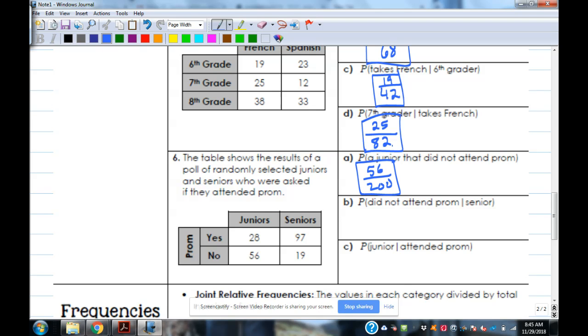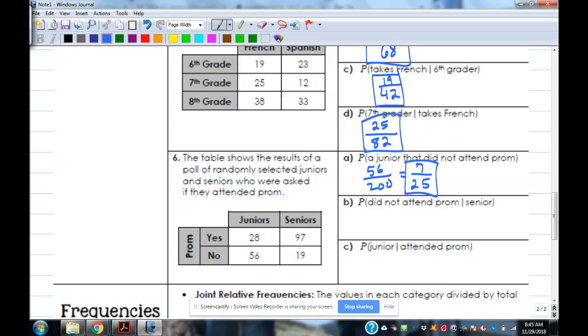Okay. Wait, that'll reduce. 56 and 200, 7 and 25. Good. I was trying to do my division by 8 there. 200 is a little more difficult than 56 was.